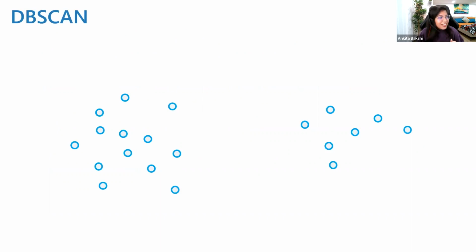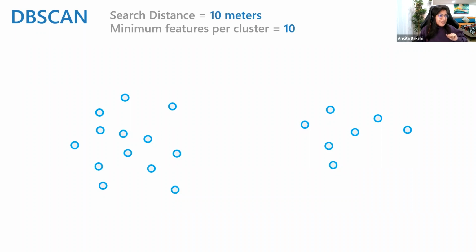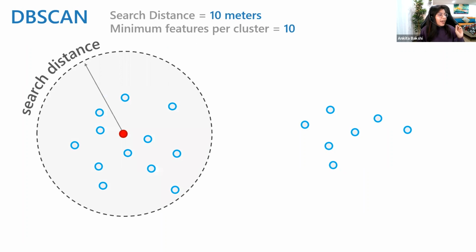Let's look at a quick example. I have these two different regions. Let's say I define a search distance of 10 meters, and the minimum number of features per cluster is 10. In the example on my left, I have a point of interest, and I looked at a 10-meter radius of that point, and checked whether I have at least 10 points in that search distance.